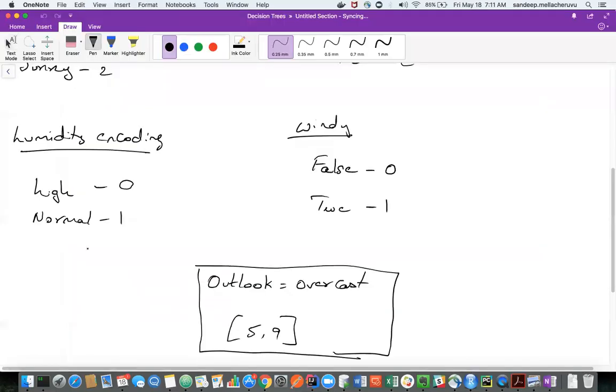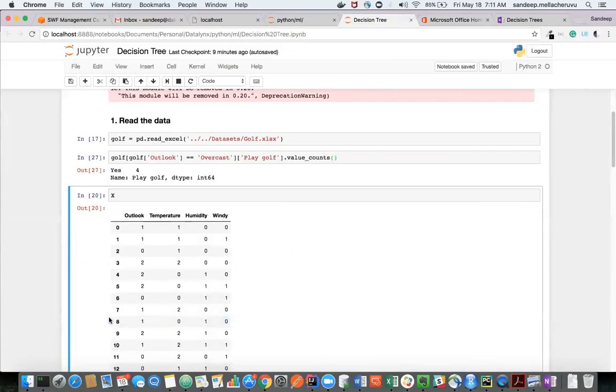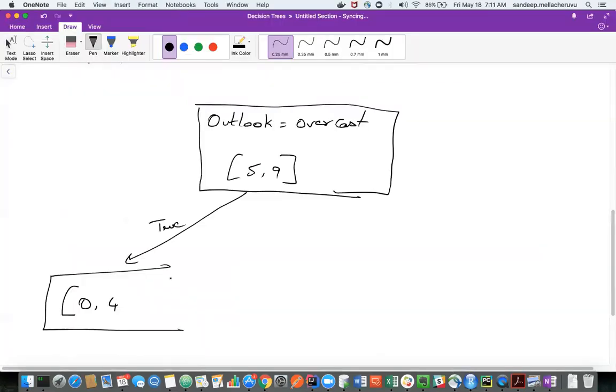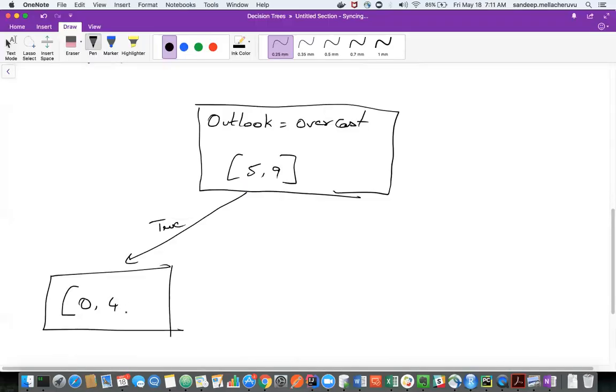So how do I write that? If this is true, if outlook equal to overcast, this is true. If that condition is true, then I would say 0 comma 4. Is it right? Yeah, 4. All 4 are yes. There is no value that is saying no.